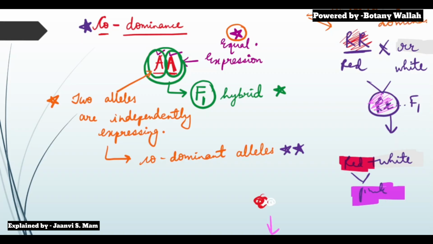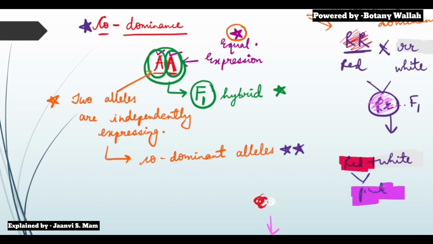Now in case of codominance, what is happening? The situation is that both alleles are expressing together, ready to express together, and both will show their own effect.